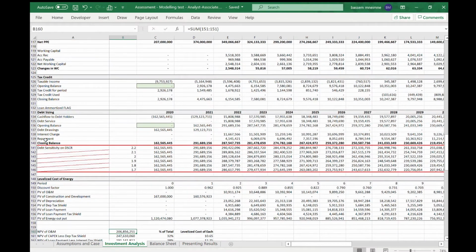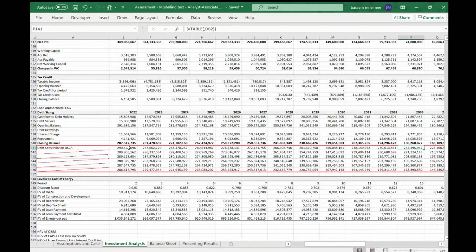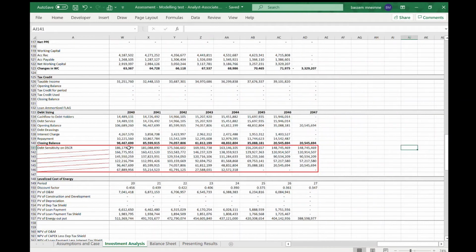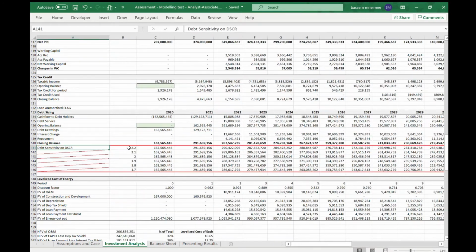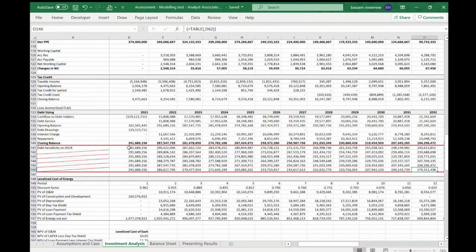And below the debt sizing, I have a little bit of a data table, and I will show you how I did it. You can see this shows you basically, for each requirement of the DSCR, how your loan will be amortized over time.